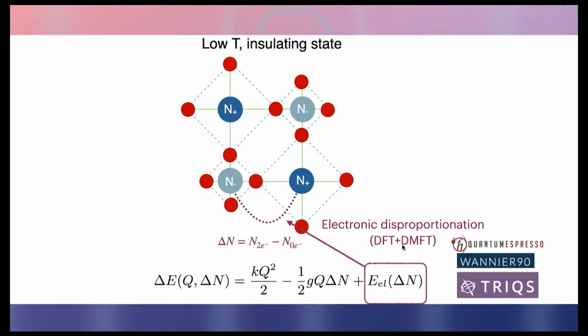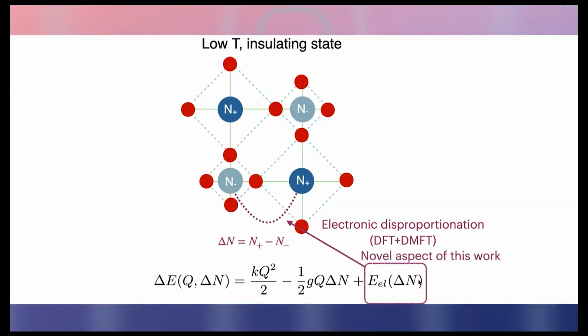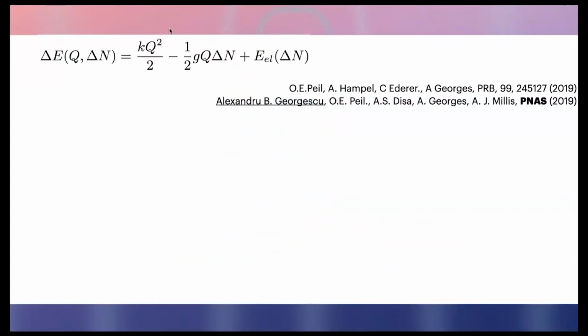And then you have an electronic disproportionation energy from this functional theory plus dynamical mean field theory. And this can be a little bit trickier to calculate. And a particularly novel aspect of this work is how we do this within this particular picture.